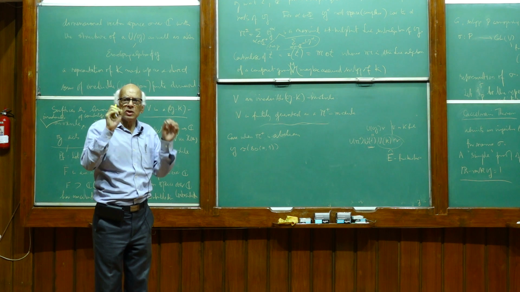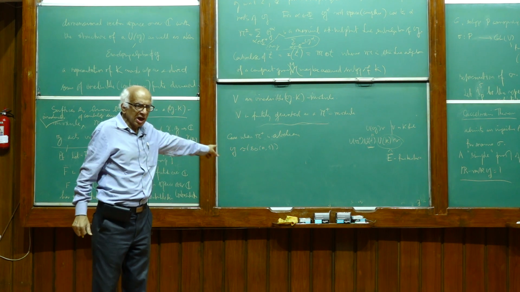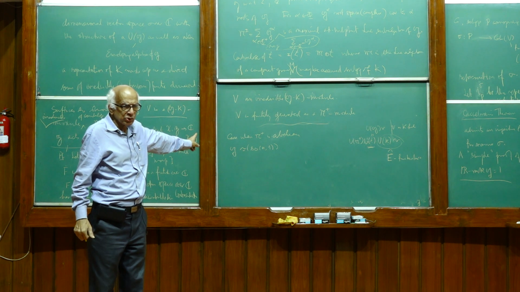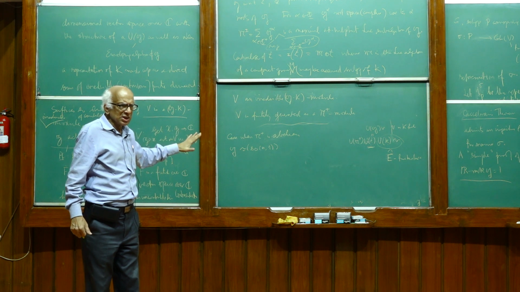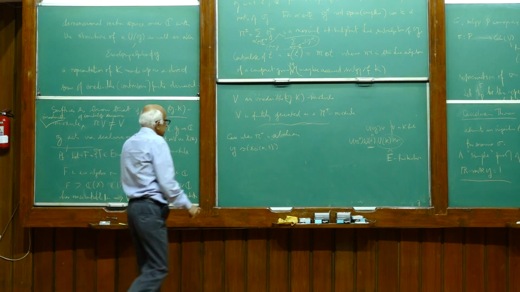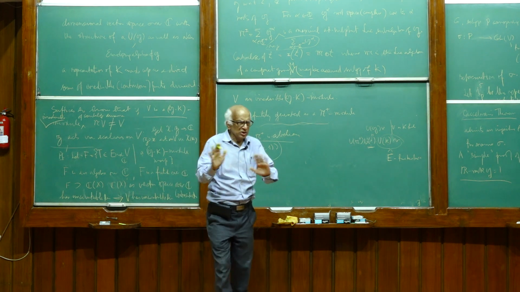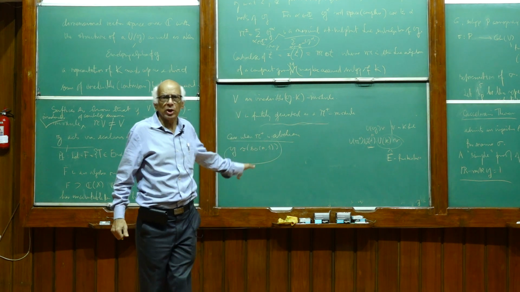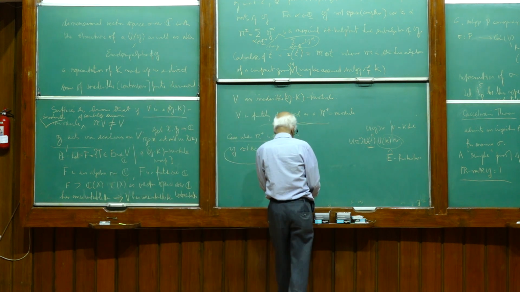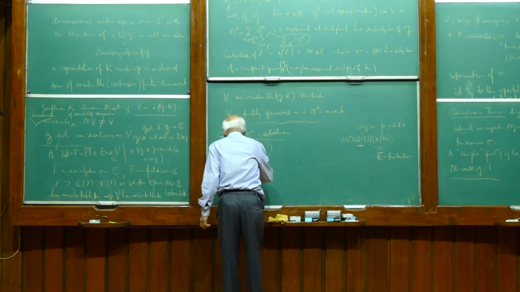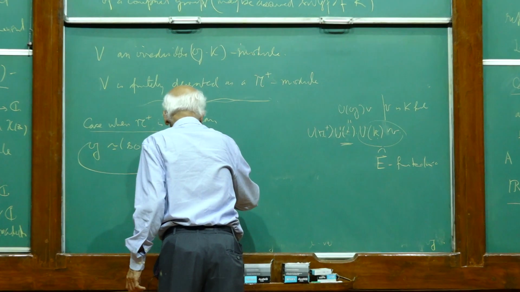I'm looking at the case when 2 alpha is not a root, and that happens to be the same as looking at SO(n,1). Eventually, I'm going to prove it in general. So I just want to say that I'm looking at the case when n plus is abelian. That G equals SO(n,1) is some sort of classification, one doesn't have to bother about that. Now, I'm looking at V as a U(n plus) module.